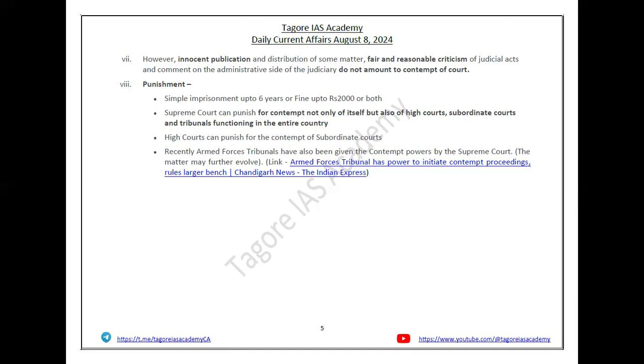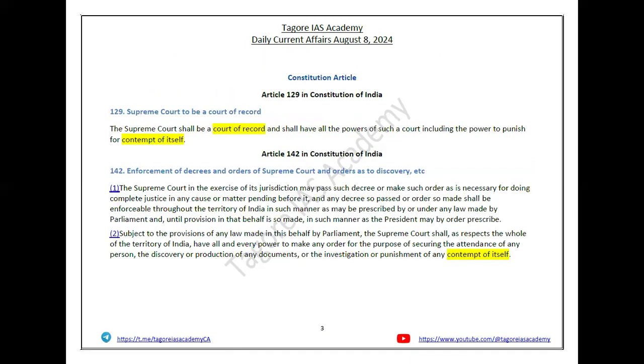Now, one more thing: once you have seen the constitutional articles, in both the articles, it is written contempt of itself. The Supreme Court has the power to punish for contempt of itself, both in Article 129 and 142.